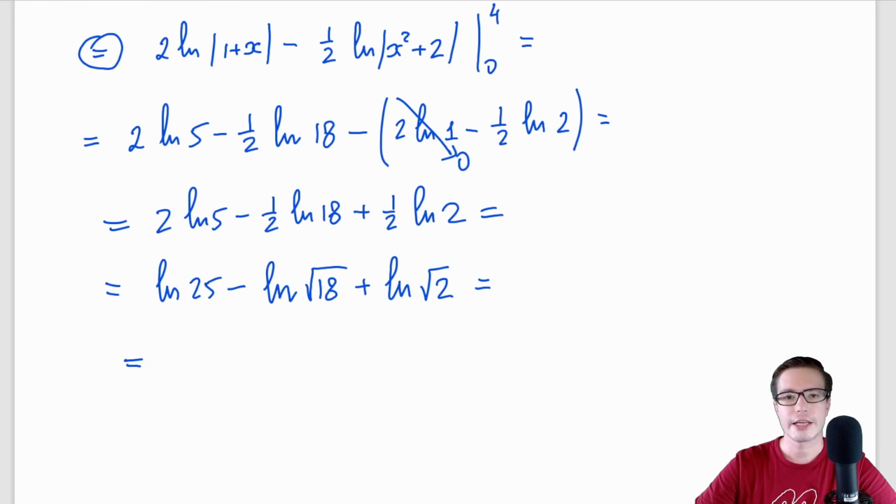And now we can combine into a single log. So when you're adding logs, that means it's going to be a log of the product. And when you're subtracting, that's a log of a fraction. Yeah, it's division. So all in all, we get natural log 25 times square root of 2 over square root of 18.